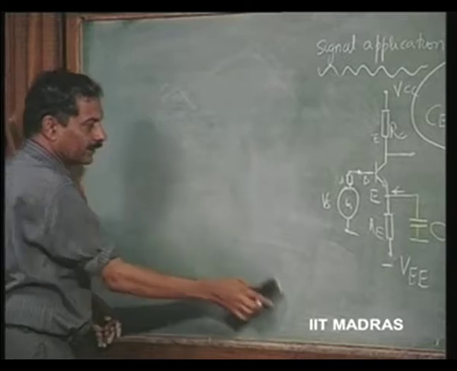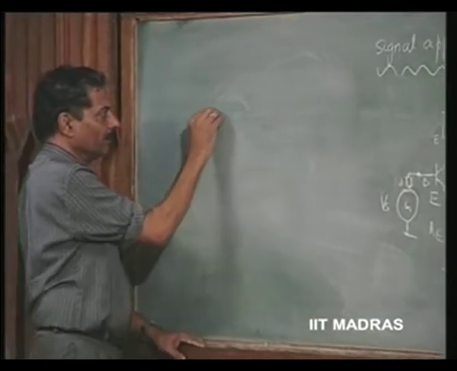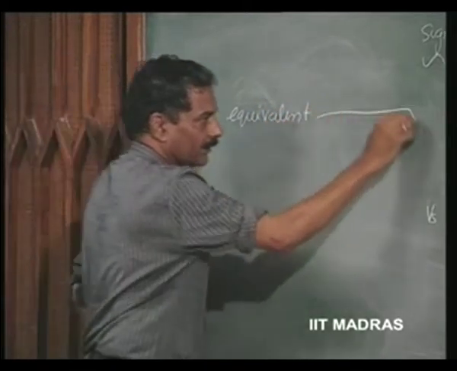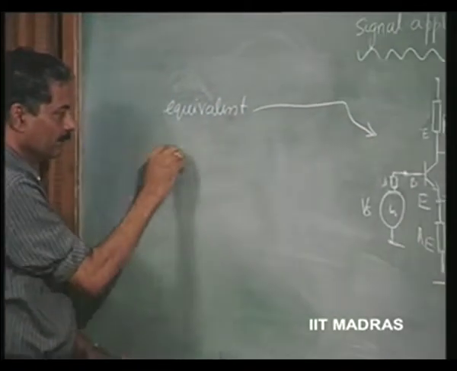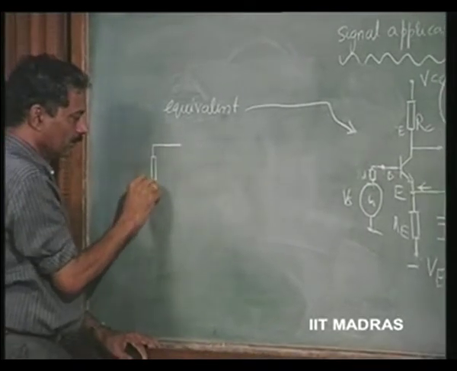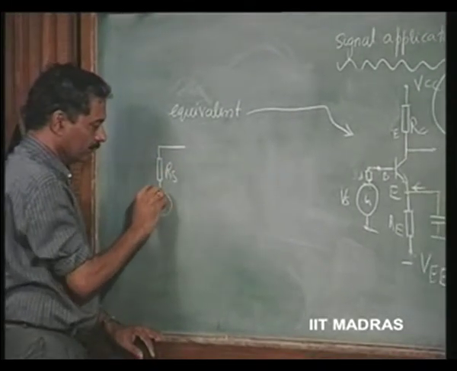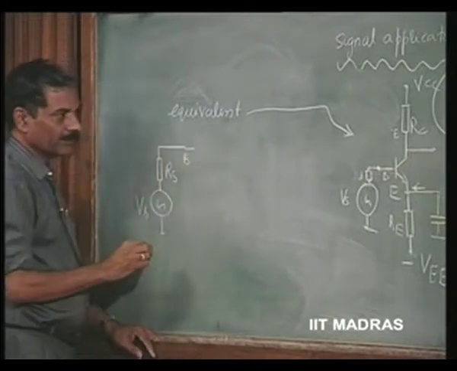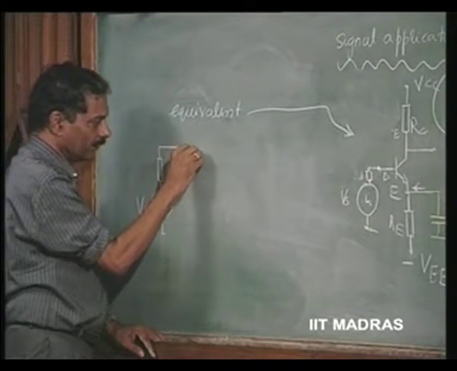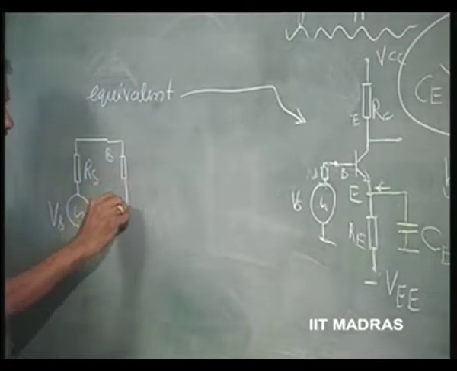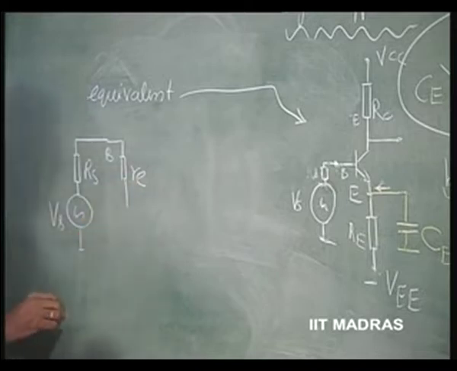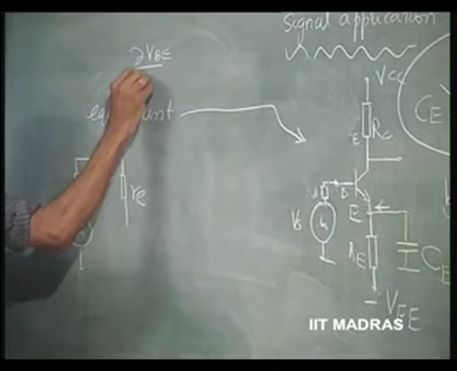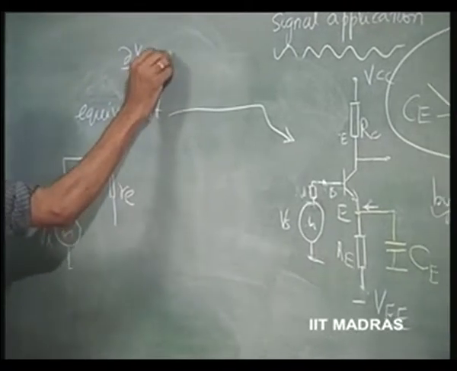As far as the signal is concerned, now I can put down the equivalent circuit for this as Rs, Vs, then it comes to the base, then this base point is going to be replaced, let us say, by small Re, which is nothing but delta Vbe by delta Ie.